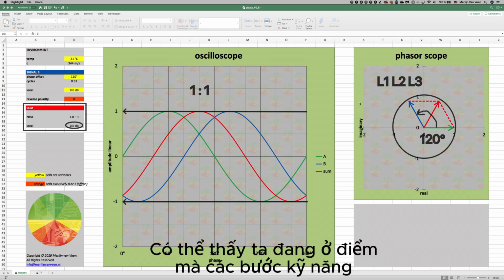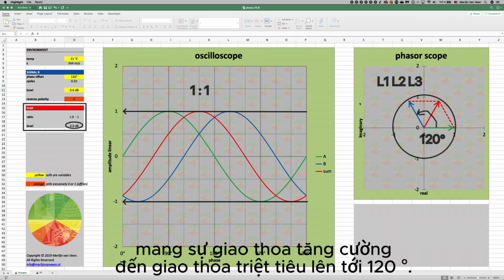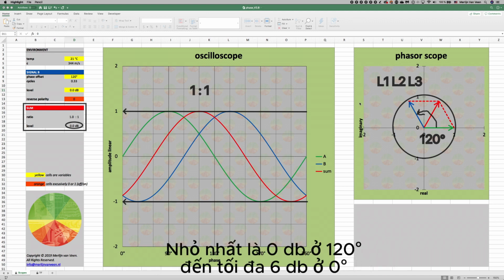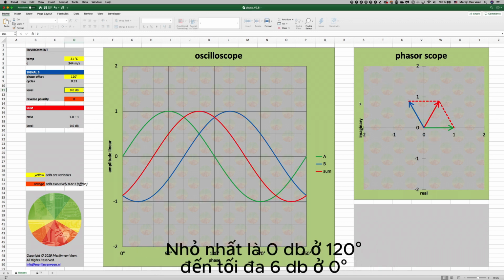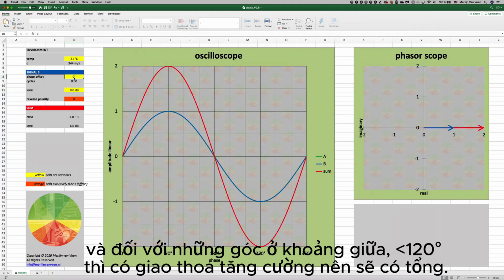So it's the point where the scales tip from constructive interference to destructive interference. Up to 120 degrees, you have as little as 0 decibels at 120 degrees to as much as 6 decibels at 0 degrees and anything in between.